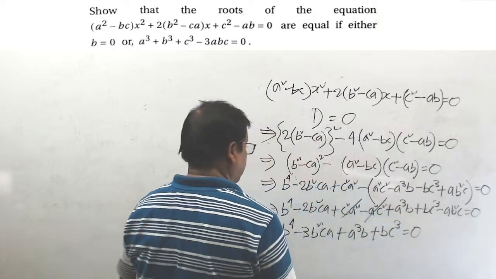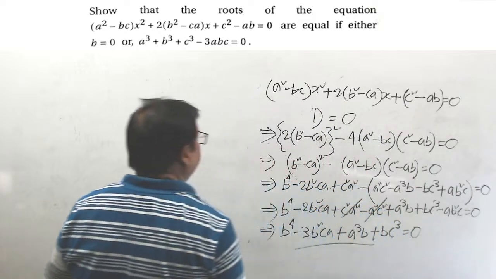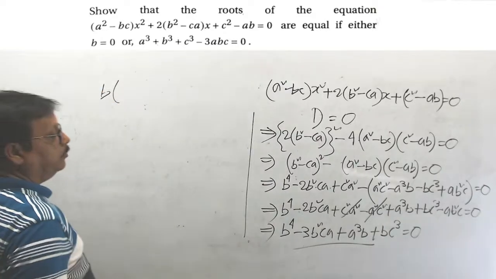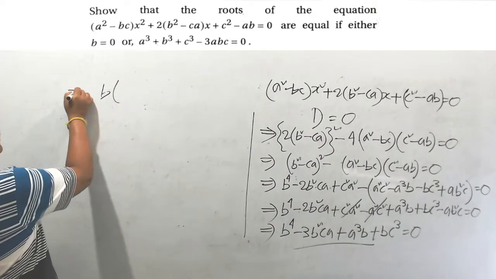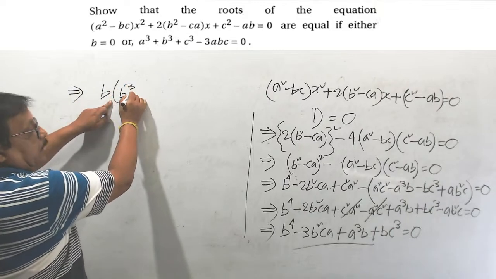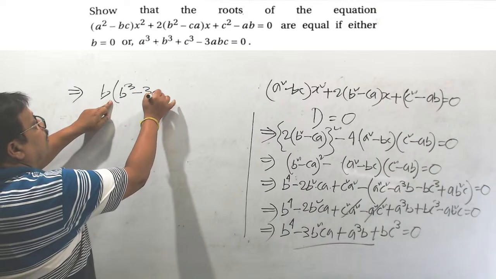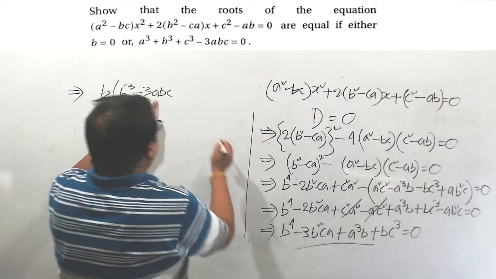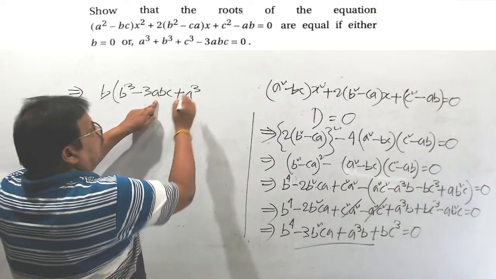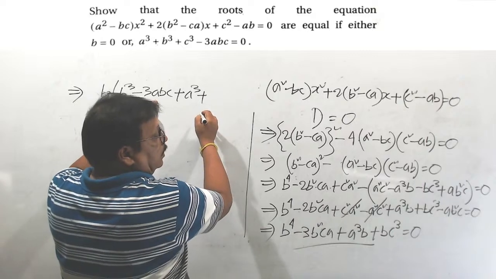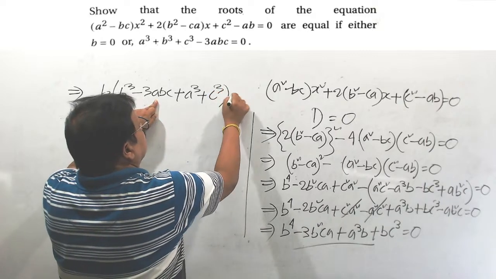Understood? Take common b. If you take common b, what you are getting? b cube minus 3abc, yes, plus a cube plus c cube equals to 0.